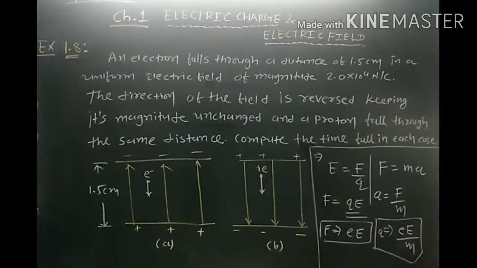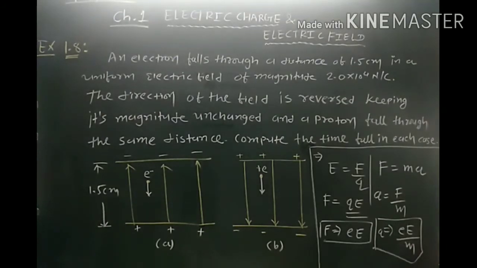Here m is the mass of the electron, which is 9.11 into 10 to the power minus 31 kg, and the charge of the electron is 1.6 into 10 to the power minus 19 coulomb. The electric field is given as 2.0 into 10 to the power 4 Newton per coulomb.